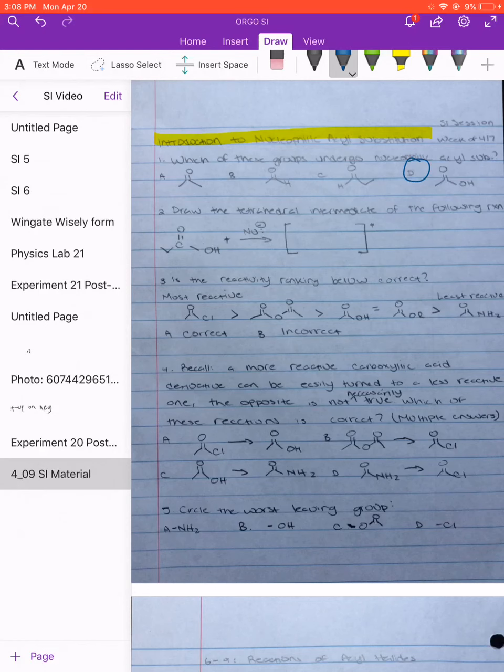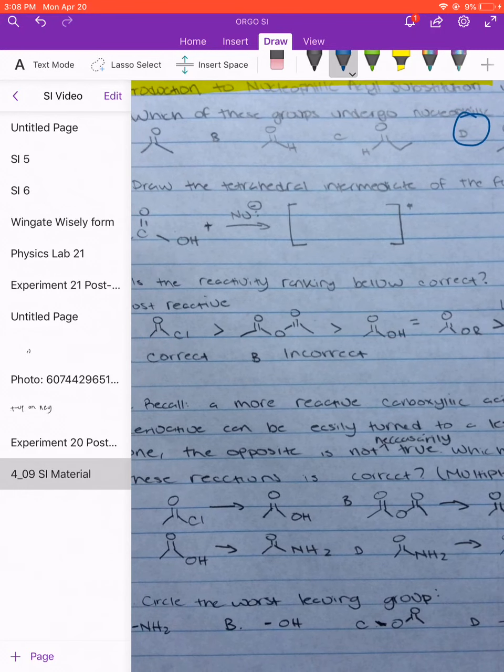So question number 2, draw the tetrahedral intermediate of the following reaction. So here we have a nucleophile that's reacting with a carboxylic acid. So the intermediate would look something like this. Here it's a little bit unclear. I'm just going to zoom in, try to draw a little bit better. There we go.